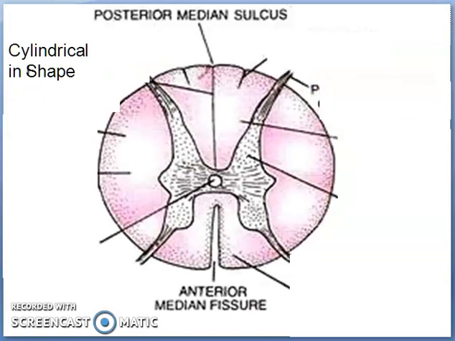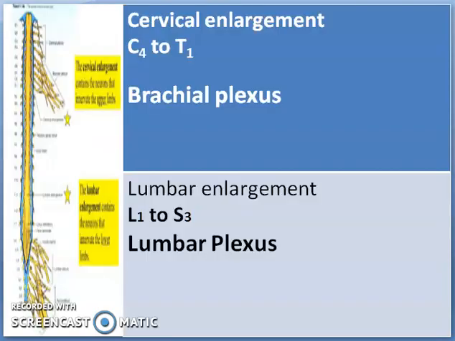The spinal cord is cylindrical in shape. Its antero-posterior diameter is less than the transverse diameter. There is an anterior median fissure and posterior median sulcus. There are two enlargements.